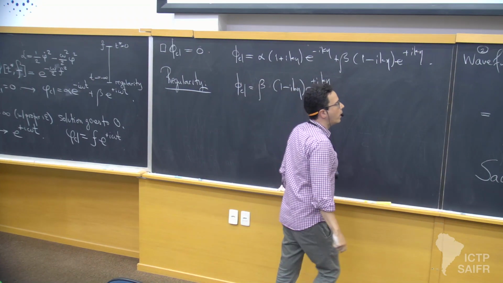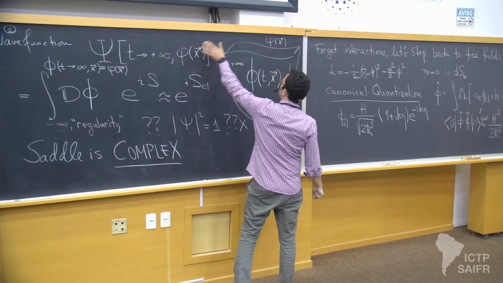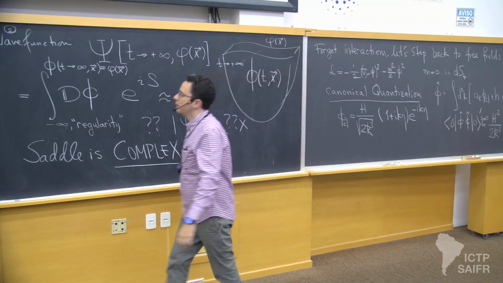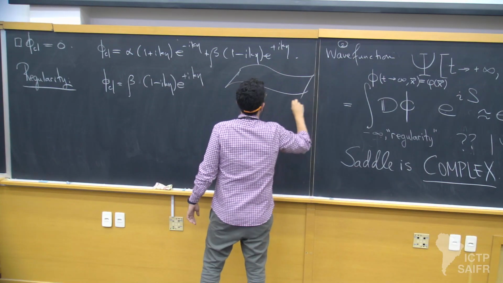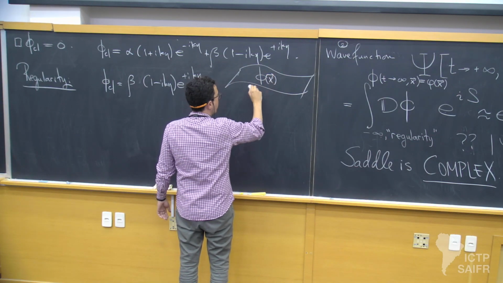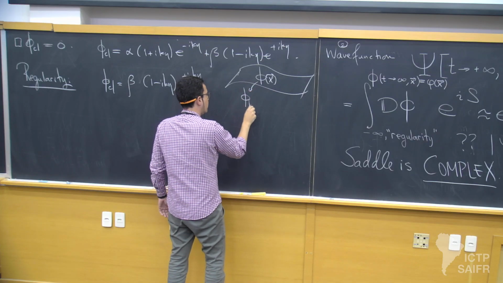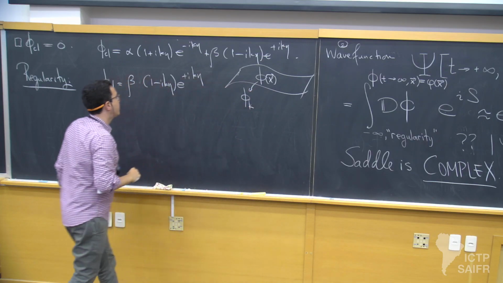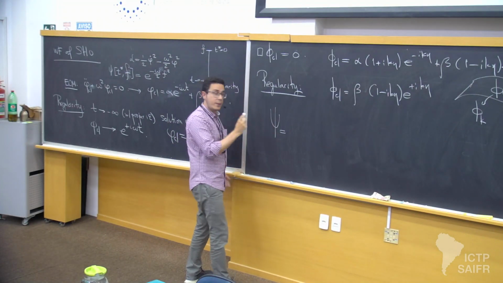Now remember that the argument of the wave function is a C number, phi of x. So you take your phi of x and decompose it into Fourier modes, there's going to be some phi k. The idea is that the wave function, because it's a free field, is going to be Gaussian.